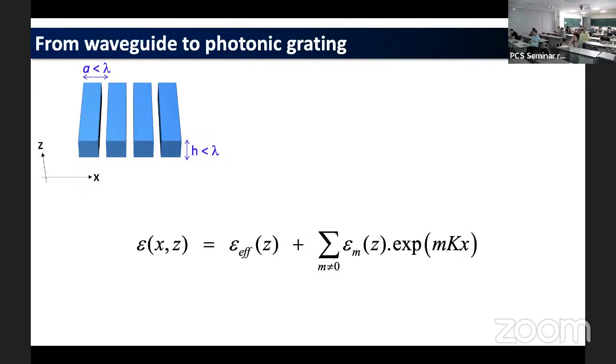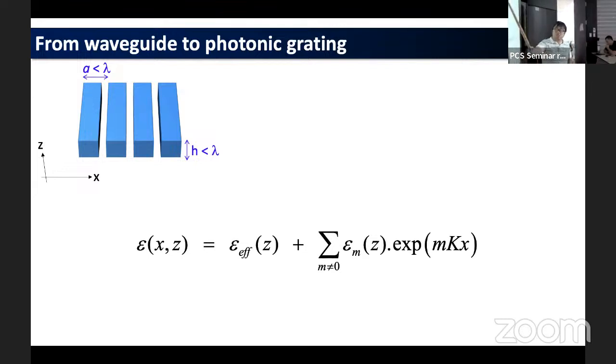Okay. So since I already spoiled you that during this talk, I will focus on the very simple case of the grating. Also, we are dealing with sub-wavelength lattices, that means the period is smaller than the wavelength and the thickness is smaller than the wavelength.